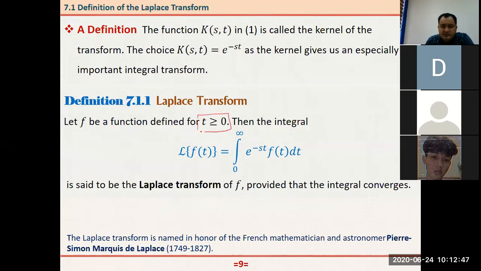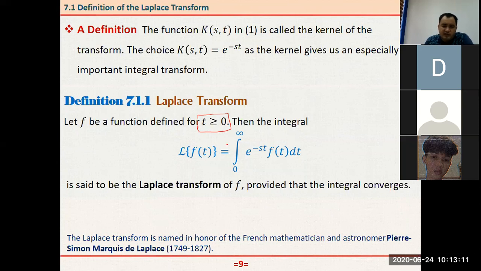By saying this, we are not saying that it's not defined when t is negative. When t is negative, it may be defined or it may not be defined. But what we need here is that we are just considering functions which are defined over the non-negative interval, from 0 to positive infinity.